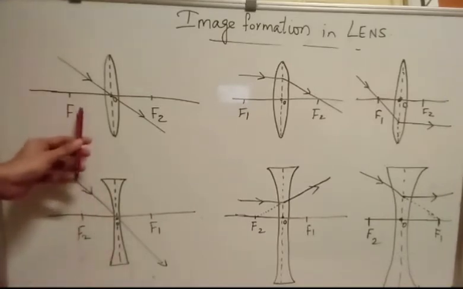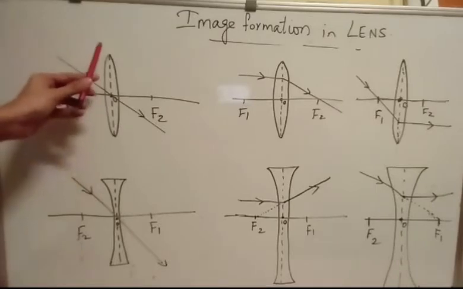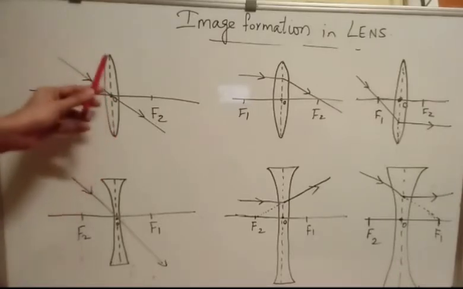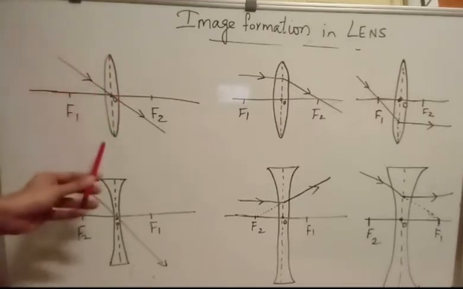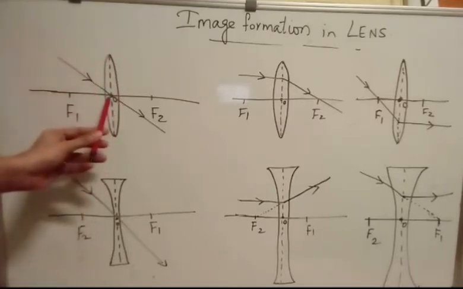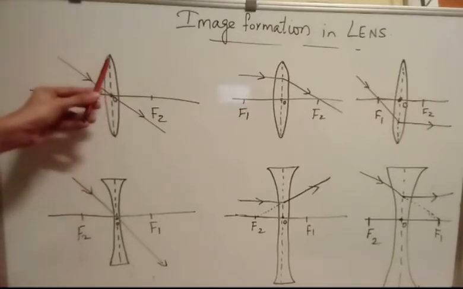So first is the diagram. When you are drawing the diagram, first of all you should draw the reference line, then you can show the convex lens or concave lens. Then you should mark the midpoint as O, approximately the midpoint of this line.